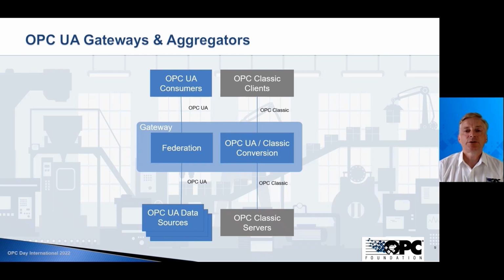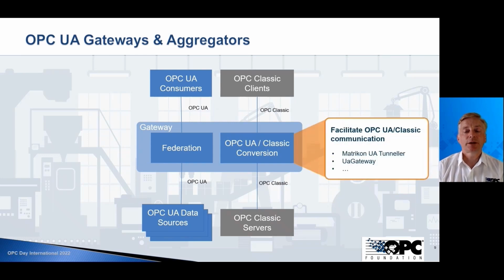So number one, to address the fact that you might have older systems or systems that are still running OPC Classic, which was the dominant open standard way for doing data communications in the past, is the ability to do a live conversion between the classic components and the OPC-UA components that they need to talk to.